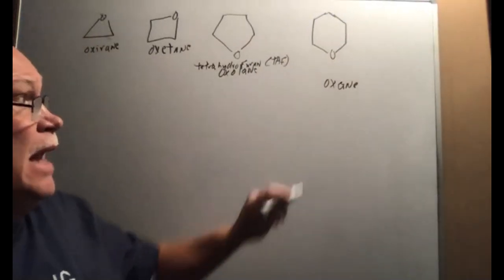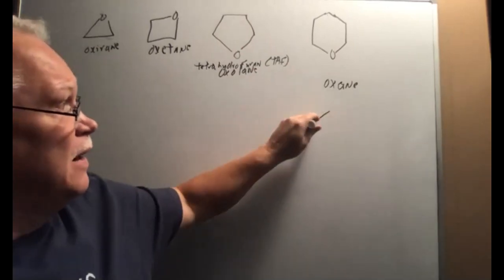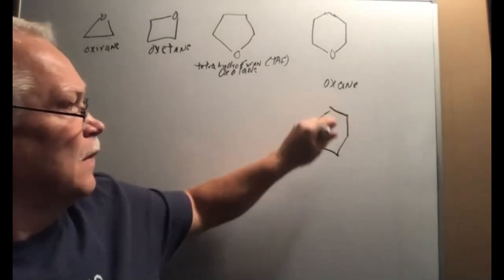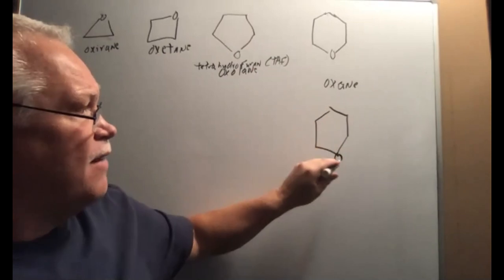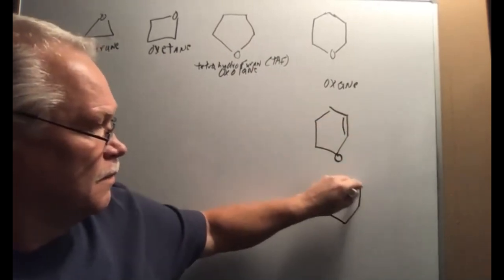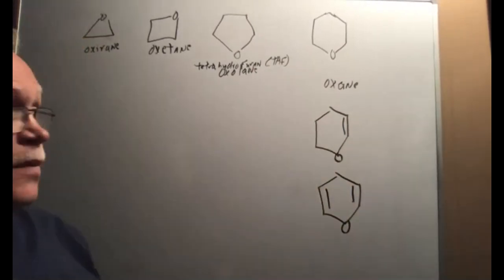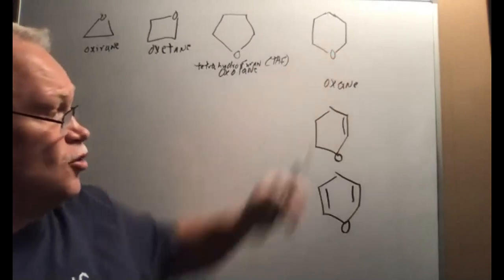Okay. Now, just like the oxane, it can also have double bonds in it. It can have 1 double bond or 2 double bonds.